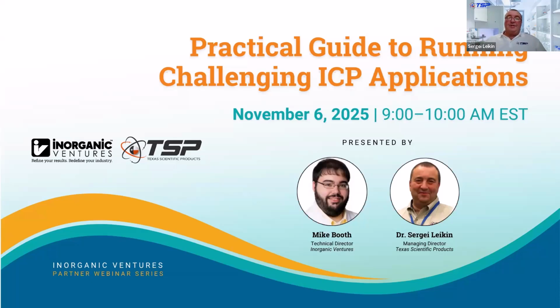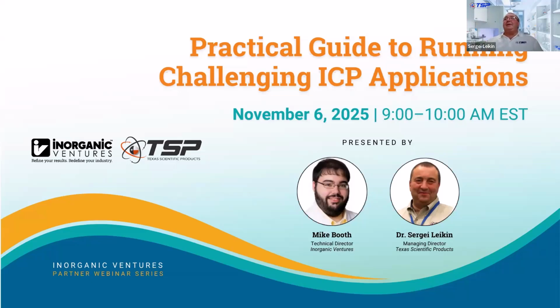When I was thinking about putting this presentation together, I was thinking where to start, right? Usually it's better to start from simple and then step up and increase the complexity with different things.